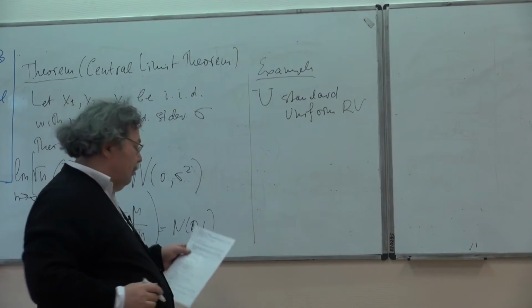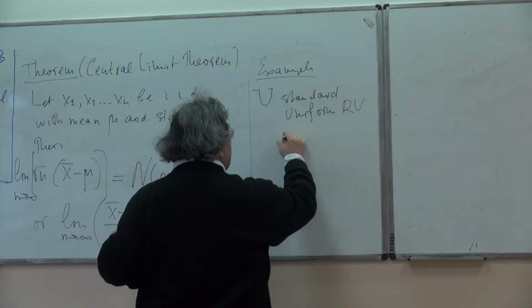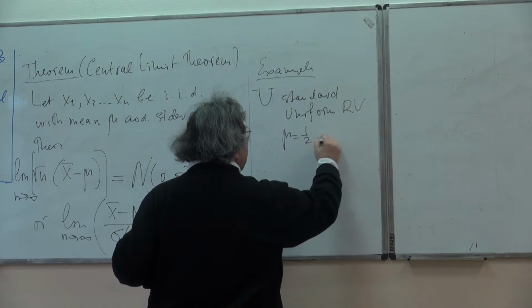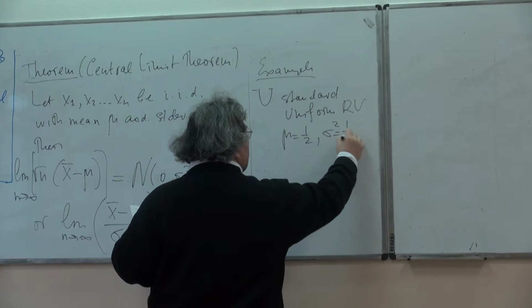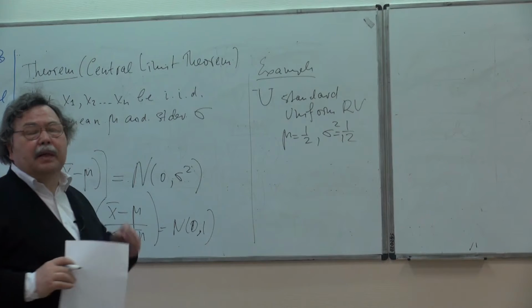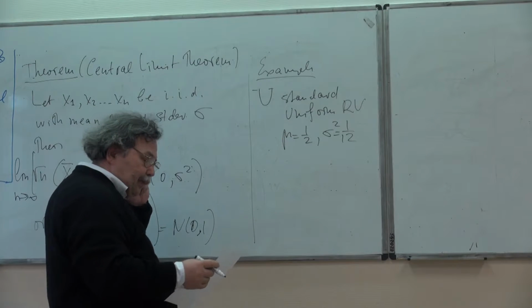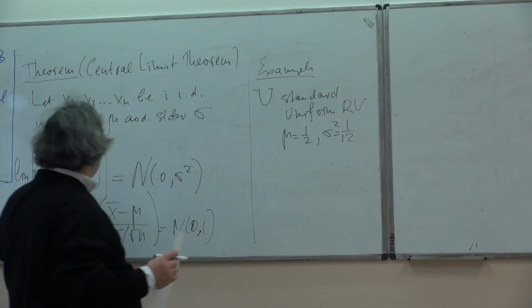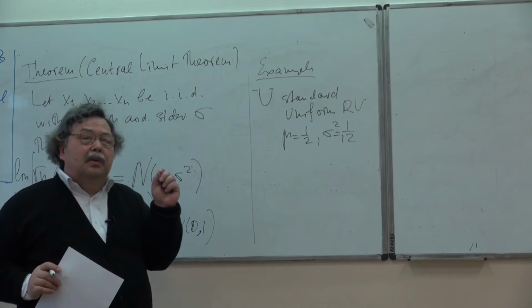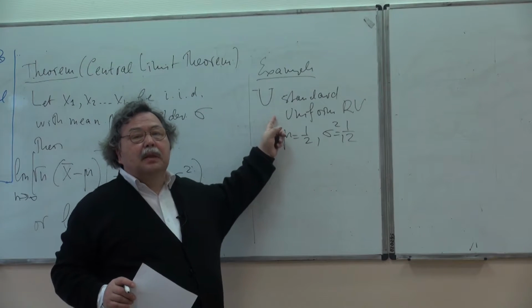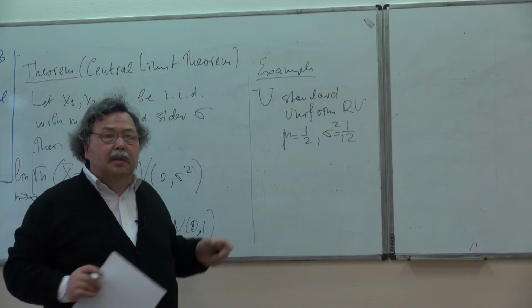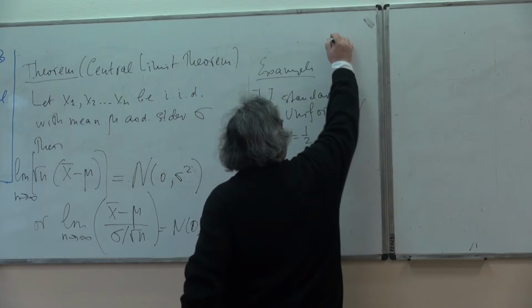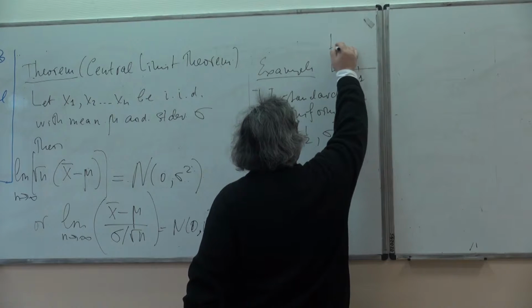And the standard uniform random variable has mu 1/2 and sigma squared equal to 1/12. The variance is 1/12. All right. Using this, now, what I mean to say by this example, do you remember what kind of distribution this is? Does it look like the normal distribution? Its probability density function.